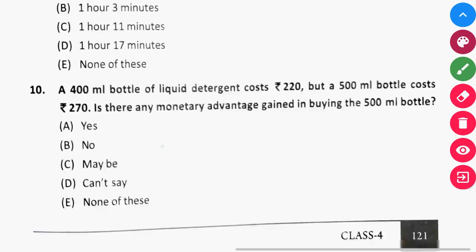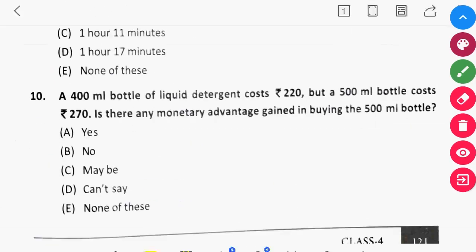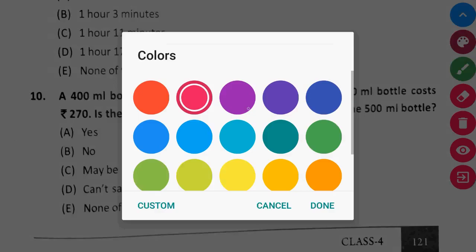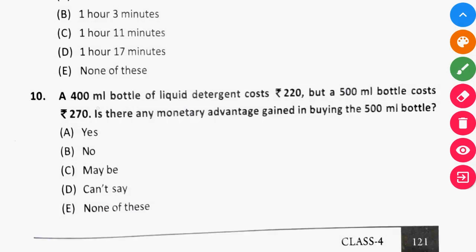Okay. Now our last question of this chapter is: a 400 ml bottle of liquid detergent costs 220 rupees, but a 500 ml bottle costs 270 rupees. Is there any mandatory advantage gained in buying the 500 ml bottle?